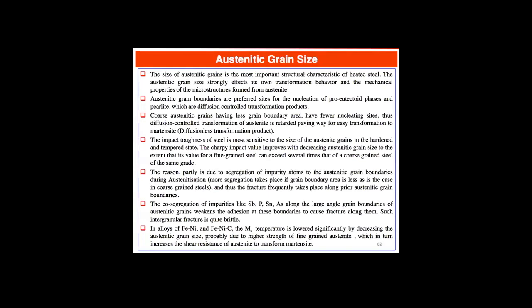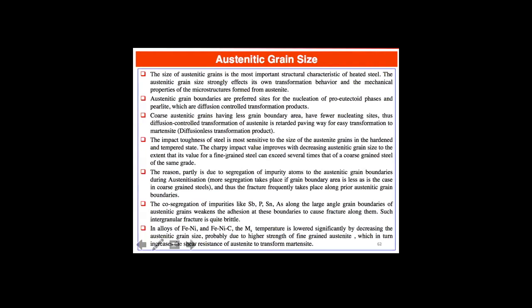So the size of your austenite grain is going to determine a lot. Remember, we said that if we have big prior austenite grains, we're going to tend to form acicular ferrite rather than bainite, because we don't have enough grain boundary area to nucleate the bainite.